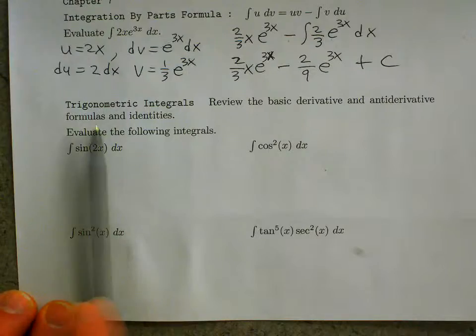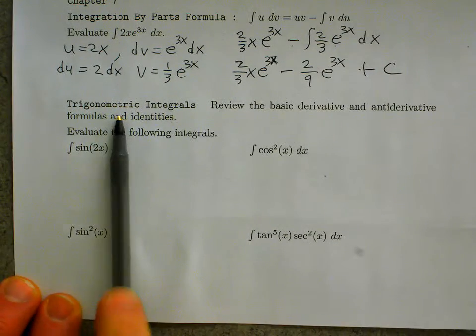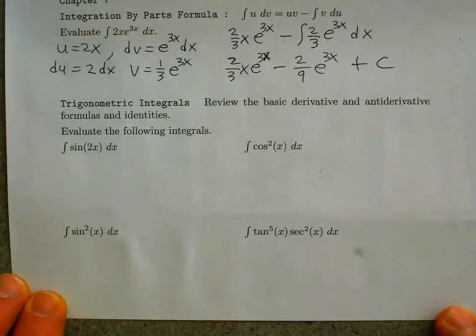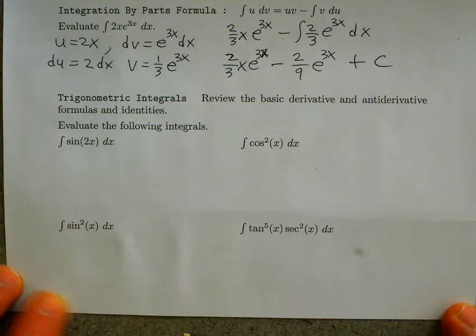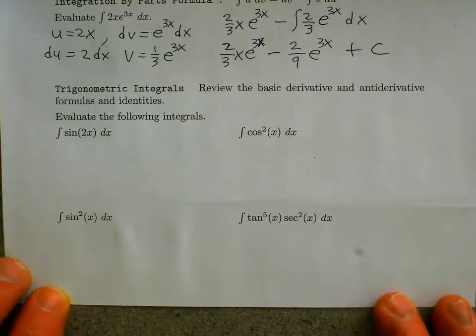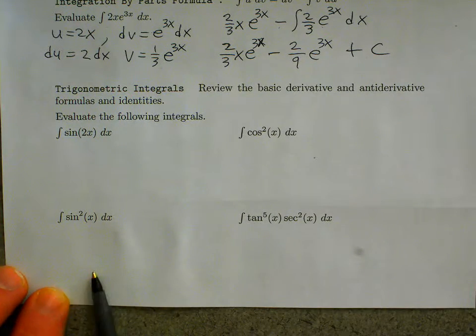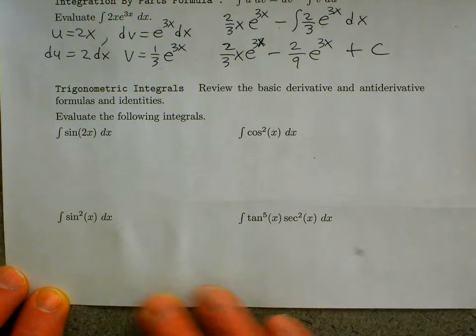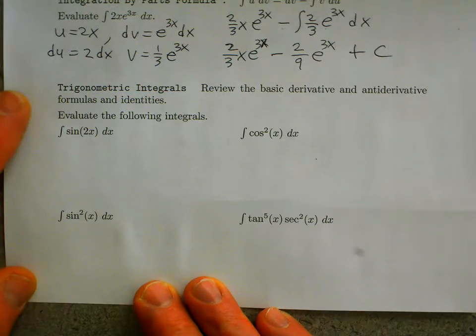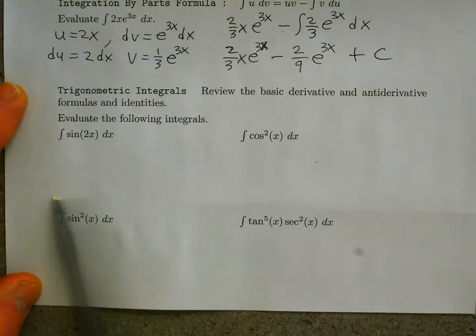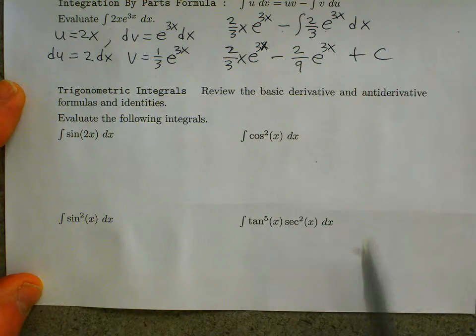Then in section 7.2, that's the section on trigonometric integrals. And a lot of time could be spent reviewing trigonometric integrals. We're not going to have the time to review every single thing. So review as many of those as you can.